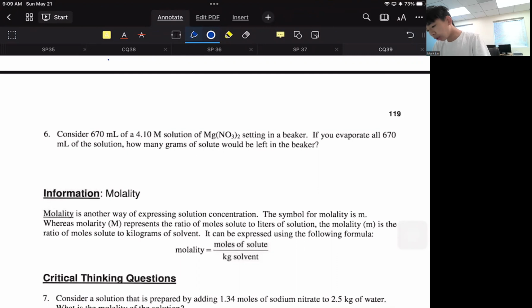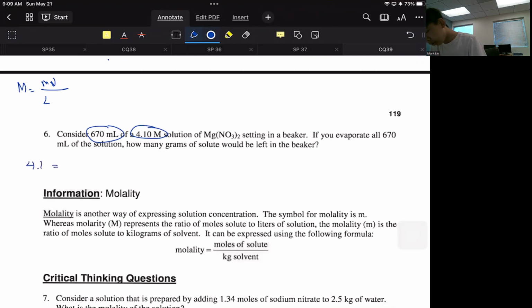Right, so in this case, we have the molarity and we have the milliliters. If molarity is moles of solute over liters of solution, we can just plug this in, because what we're missing is the moles of solute. So it's 4.1 equals our moles of solute, which you don't know.